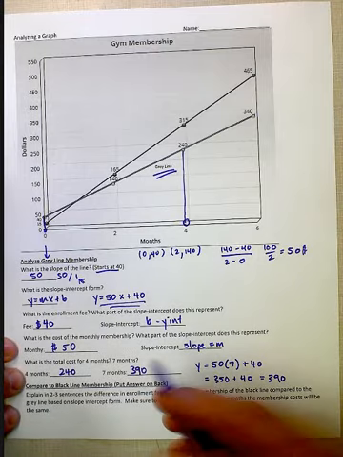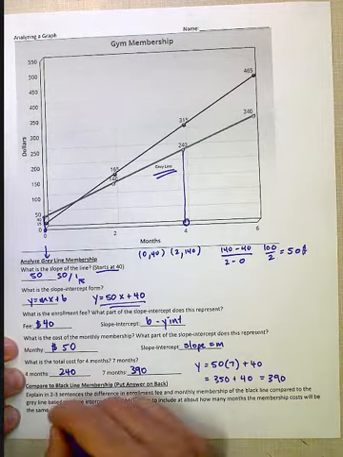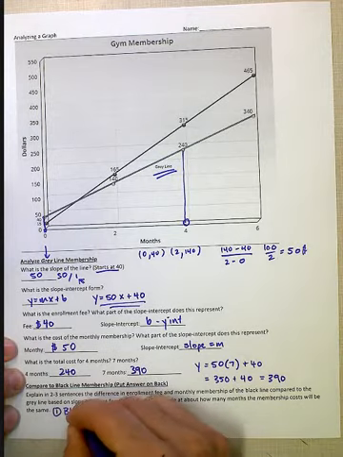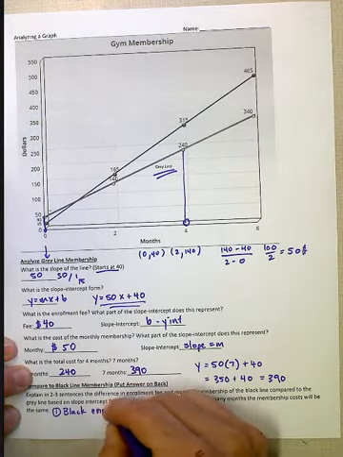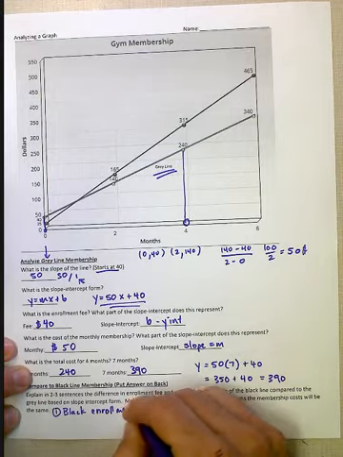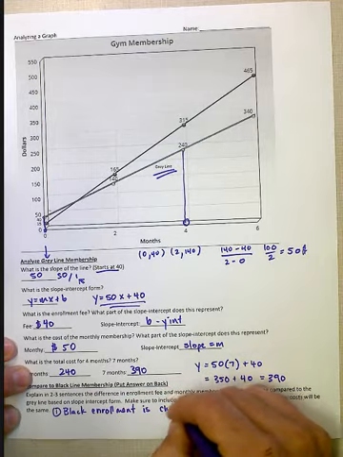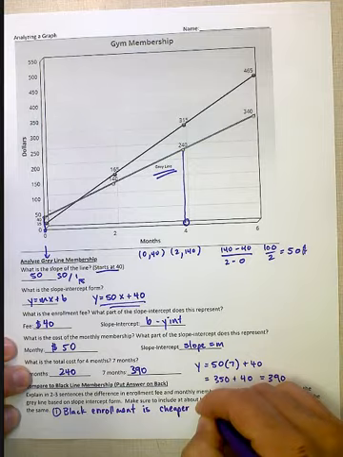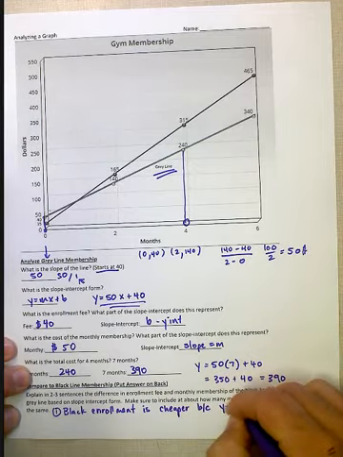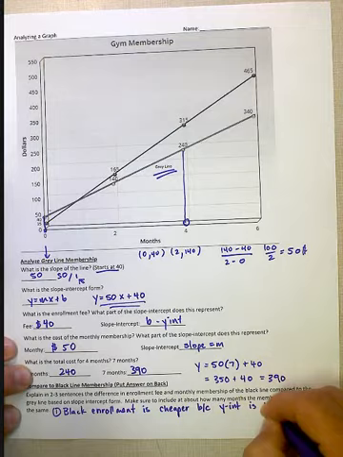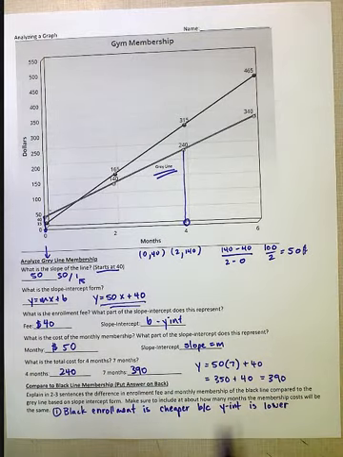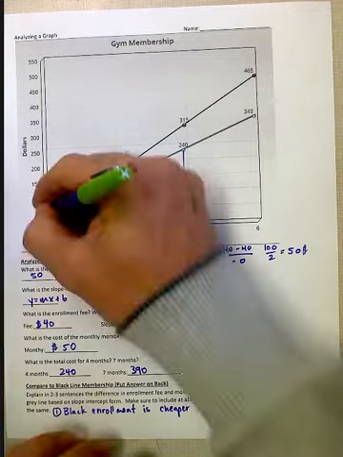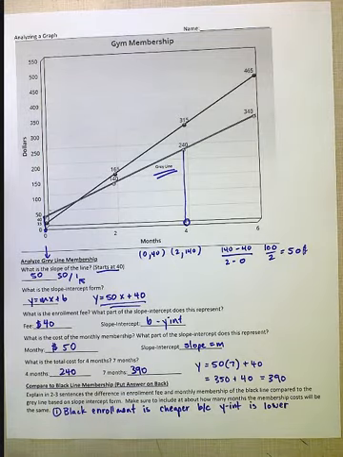A couple things you want to look at: number 1, black line enrollment is cheaper, because y-intercept is lower. You're able to give me information using the y-intercept, this part of the graph, to explain why the black line gym membership is cheaper.